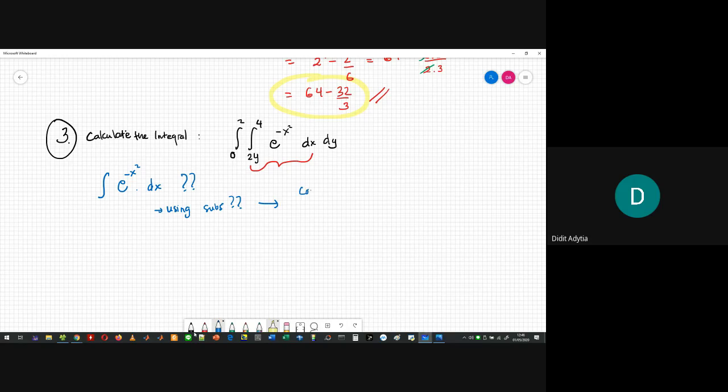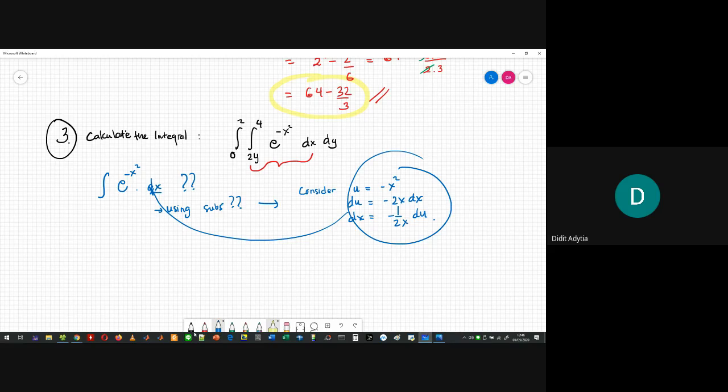So for example, u is minus x squared. Du is minus 2x dx, okay? And then dx is minus over 2x du. Can we use this to solve this? Can we? Let's see. Okay, we try, okay? Nevertheless, we try.